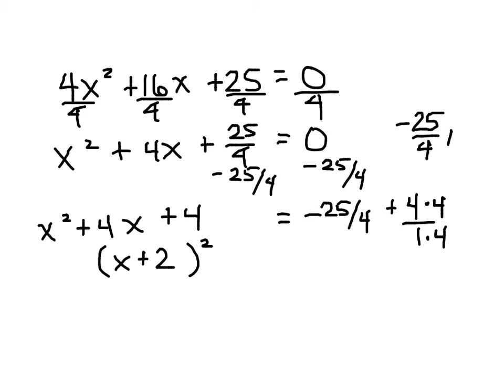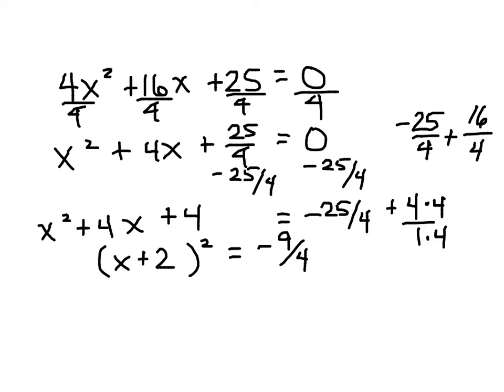What's 4 times 4? So now, once I have the common denominators, I'm going to just add or subtract the tops together. Does anybody know what negative 25 plus 16 is? Negative 9. Negative 9 over 4.